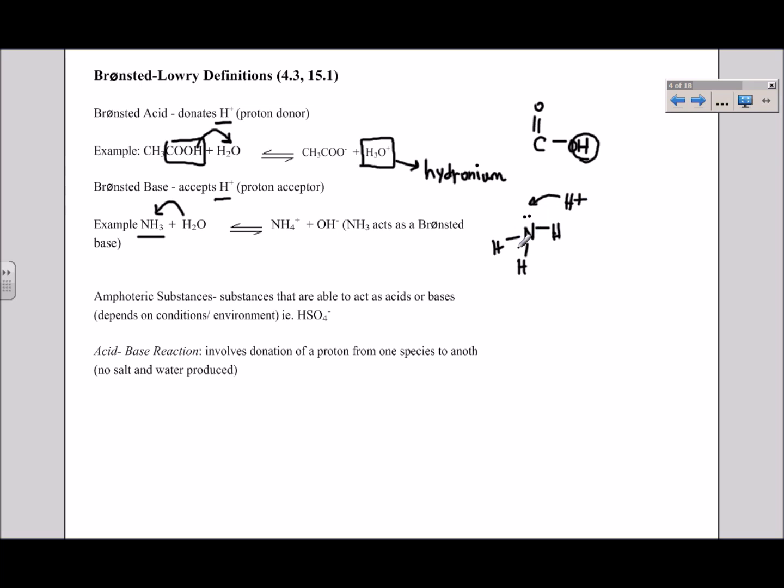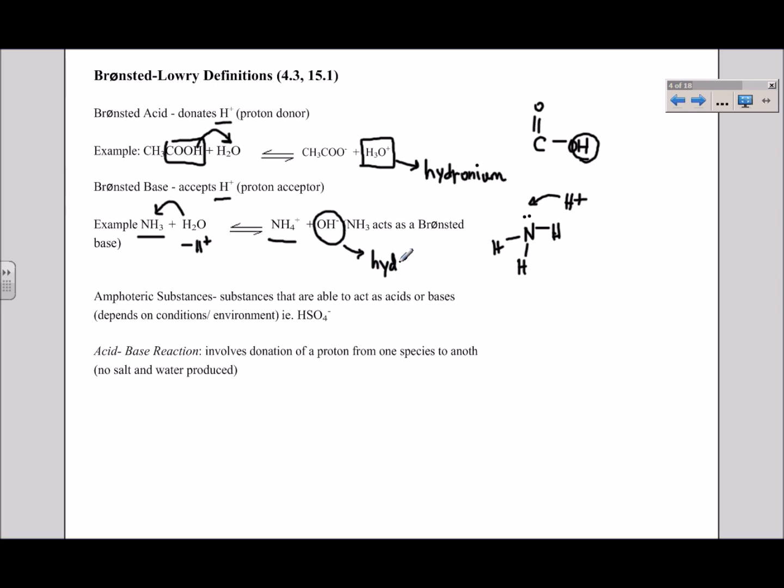And when NH3 accepts a proton, it forms the ion NH4+. At the same time, water has lost a proton, so we've taken away H+. It's lost a hydrogen atom, and its charge is reduced to OH-. So as we can see, NH3, when it's in water, by Bronsted-Lowry definition, produces hydroxide ions in solution.